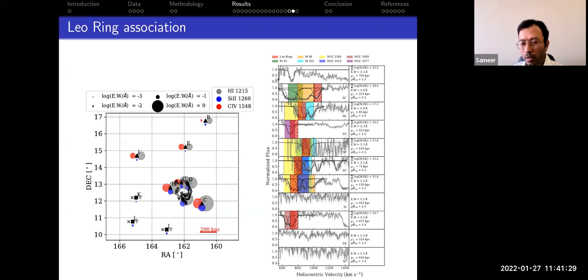We cannot do a more constraining analysis than assuming that, and that precludes us from giving very tight constraints, because these windows can often be as large as 100 kilometers per second, as we see here.